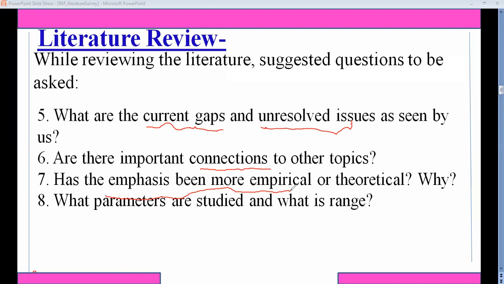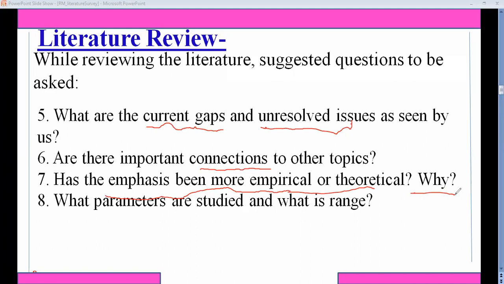You'll find it is more experimental, with a few numerical or a combination. So whether it is empirical as well as theoretical, or only empirical or only theoretical. And then we need to also find why this is happening. What is a possible reason for selecting the appropriate way, whether empirical or theoretical.